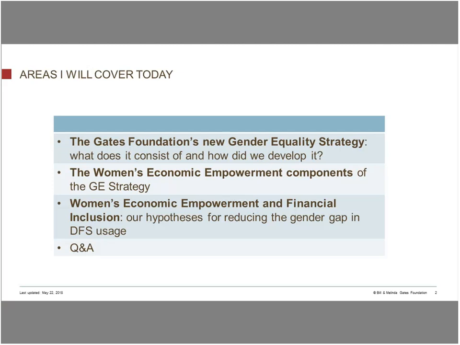I'm going to then hone in on the women's economic empowerment components of that strategy, and then finally spend the most time on women's economic empowerment and financial inclusion, what the financial services team is working on around our hypotheses for reducing the gender gap in DFS usage. We will have plenty of time for questions, so feel free to tee them up and send them on to Yasmin.